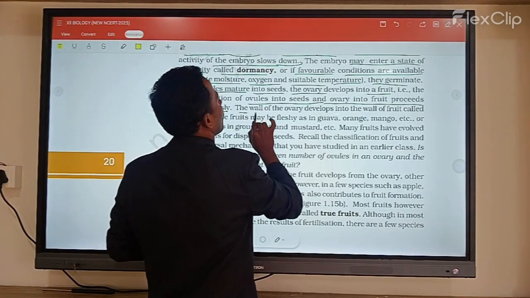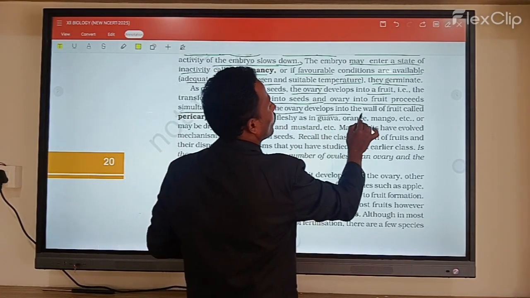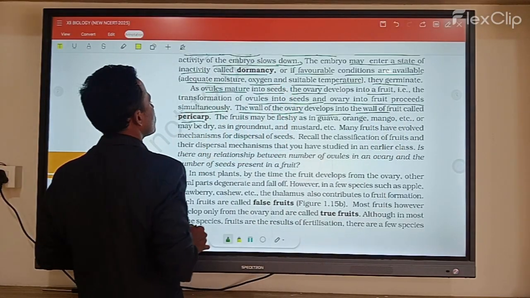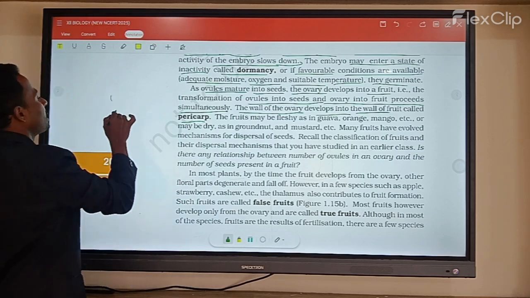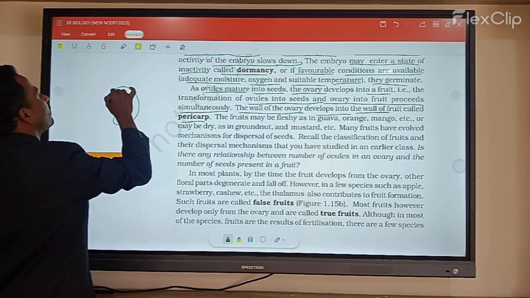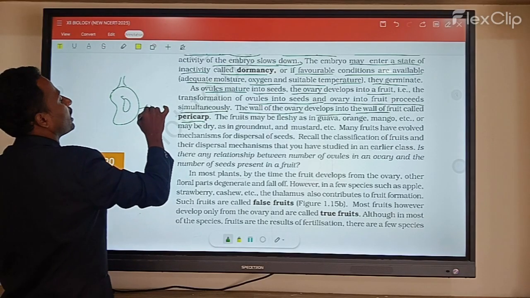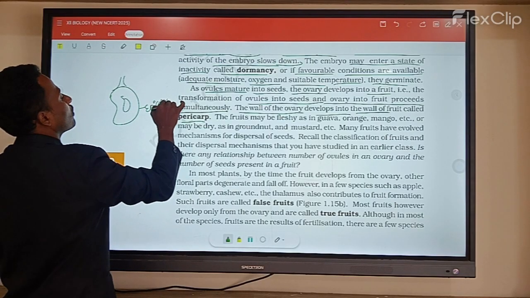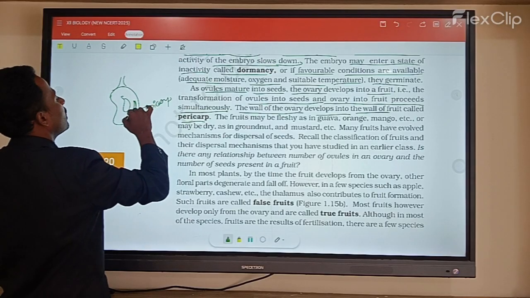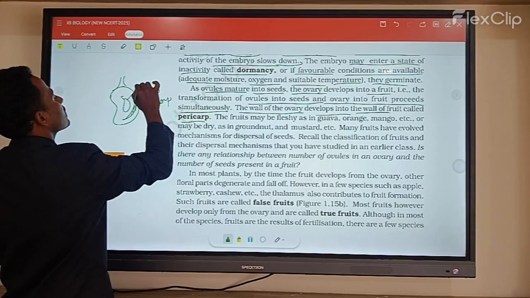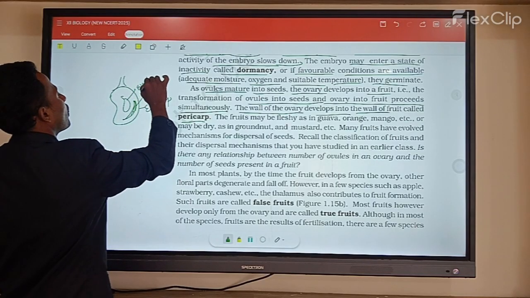Next, the wall of the ovary develops into the wall of the fruit, called the pericarp. So already you know that when you take any one particular fruit, three parts are present, am I right? The epicarp, the outermost layer; the middle edible part, called the mesocarp; and lastly the stony part, the endocarp.